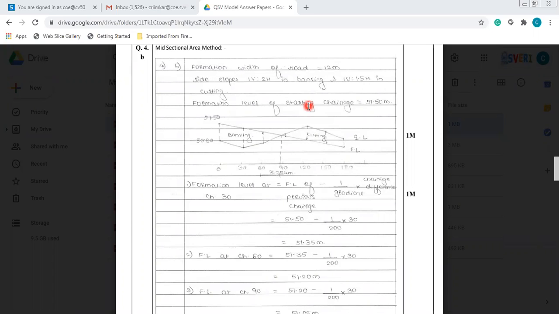Then what is the next step that we are going to follow? The next step is finding out the formation level at the next chainage. So what is the formula that we are going to use? Formation level at the next chainage equals formation level of the previous chainage minus or plus, depending on the type of gradient.